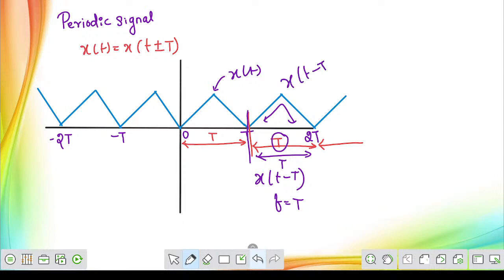So x of t and x of t minus T are both the same. And again, there is one more signal that will be starting at 2T, that is x of t minus 2T. All of these are equal to each other.